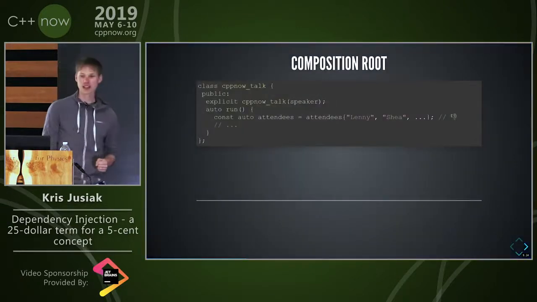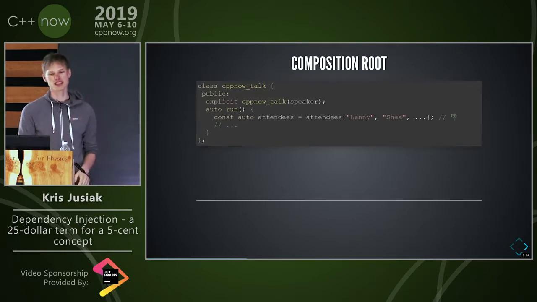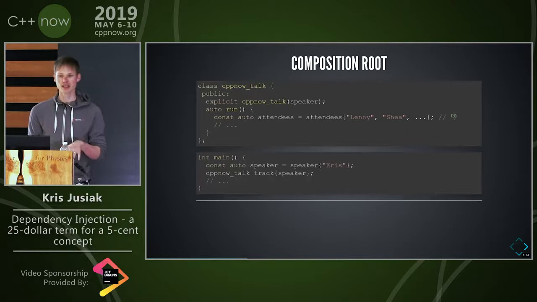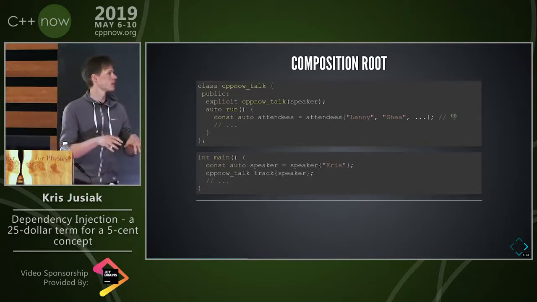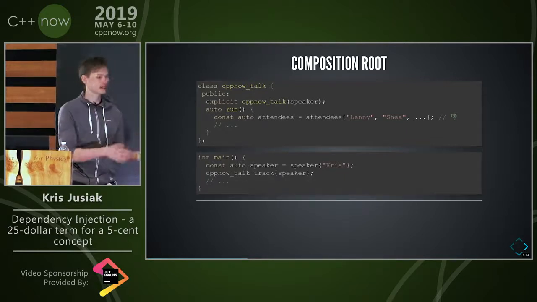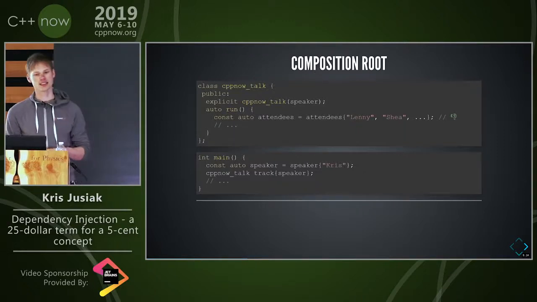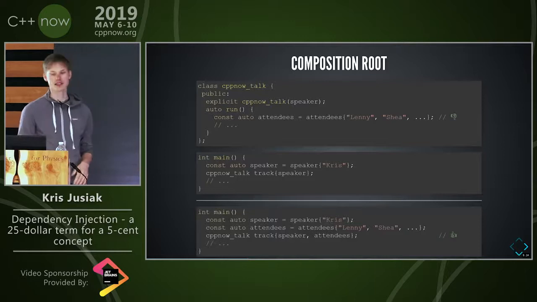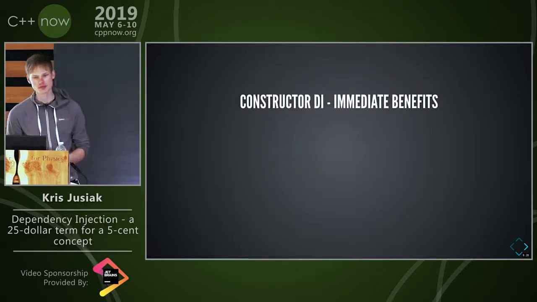So if you have something like the following, where in the run call we create the attendees, that's bad. If we create them partially, like the speaker is created in the main, but attendees are created in the run, that's bad. Good is to pass the speaker and attendees to the track.